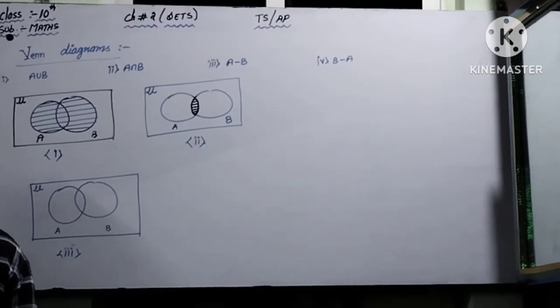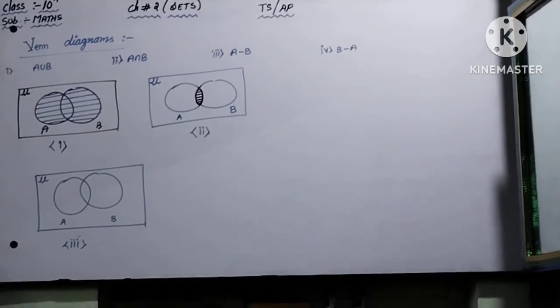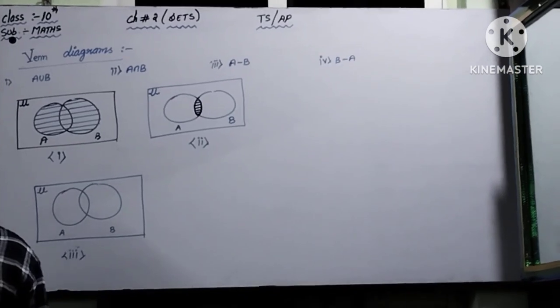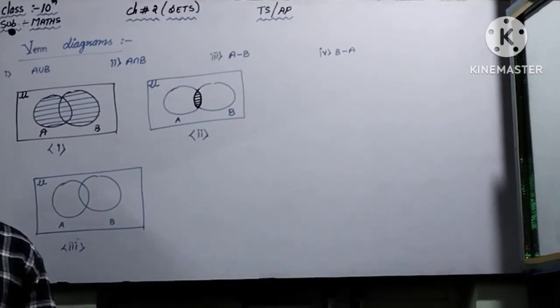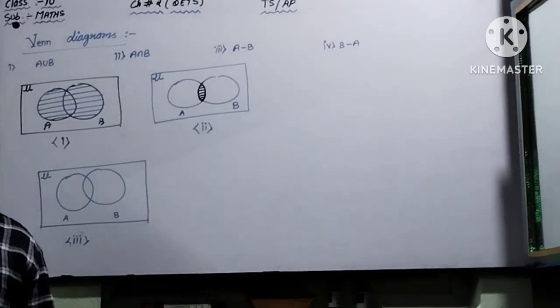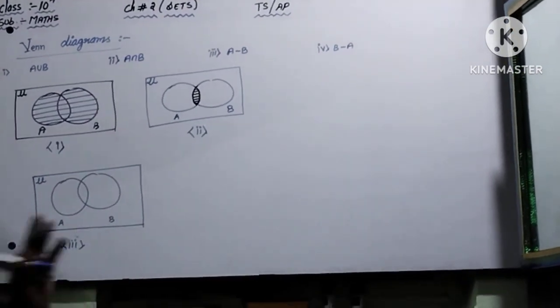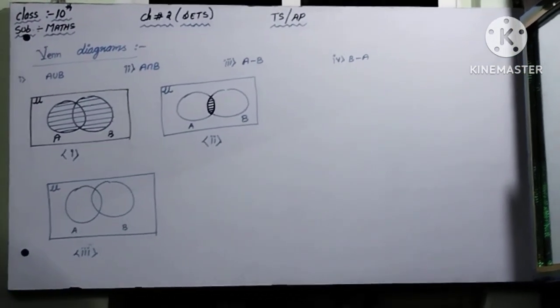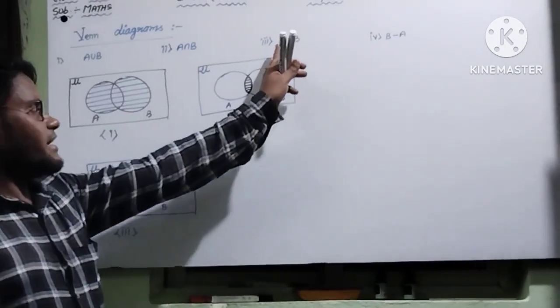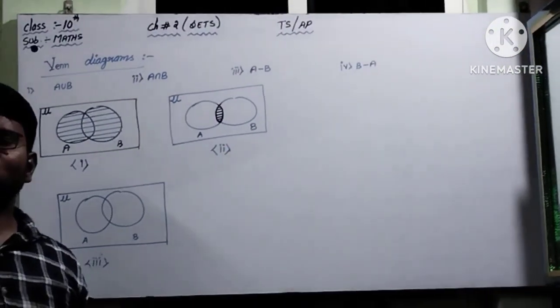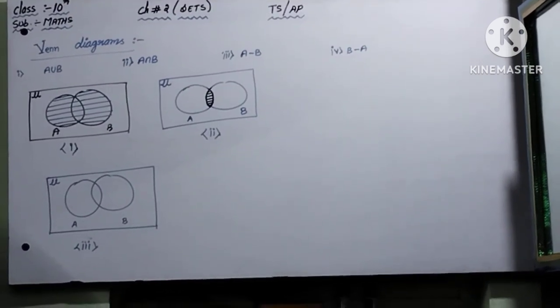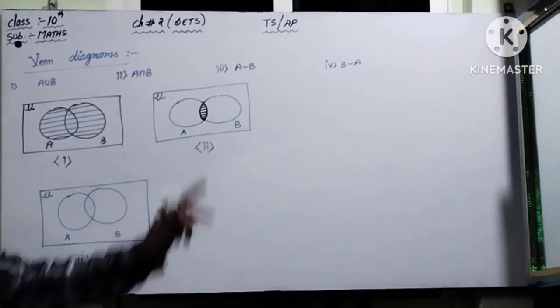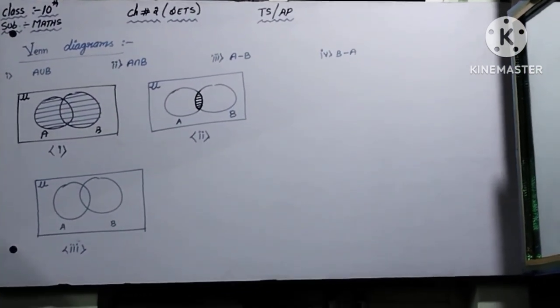In minus, what did I say? First, the common elements are cut, eliminated, or struck off. So here the common elements will not come. In A minus B, A is the positive set and B is negative. Negative means don't write the negative elements.